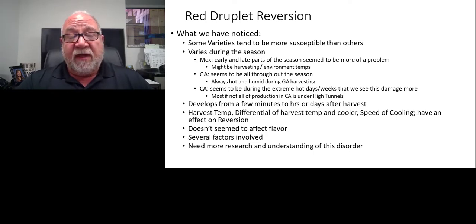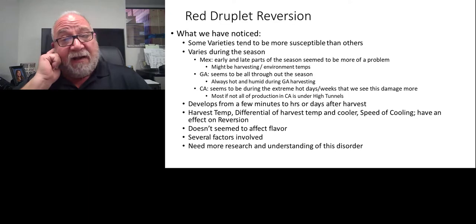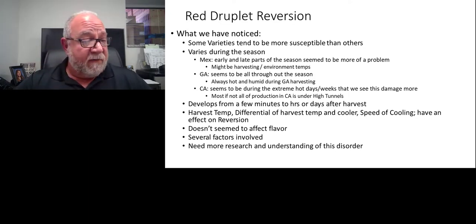And I think humidity might also play a role. In California, I don't have data like I have for North Carolina and Georgia. But we do have farms in California, and sometimes almost all of the fruit turns red with the reversion issue when it is shipped to us from California to the East Coast.